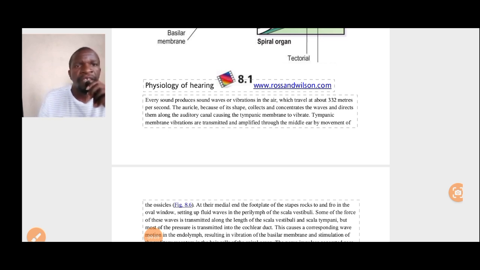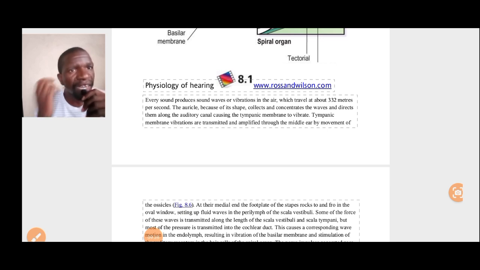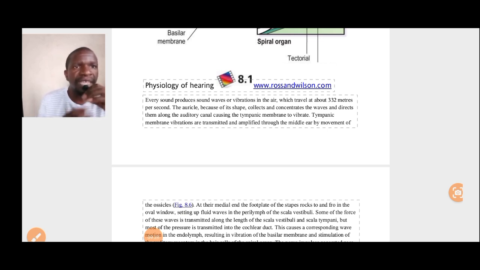Now the auricle, because of its shape, has a lot of ridges and grooves. Because of its shape, the auricle, the pinna, collects and concentrates the sound waves and directs them along the auditory canal, the external acoustic meatus, causing the tympanic membrane to vibrate.